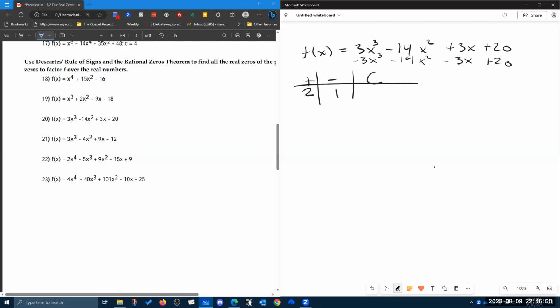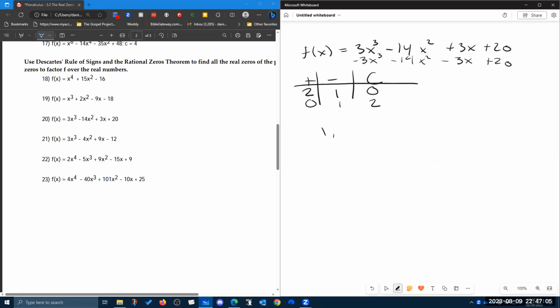One sign change. 0 or 2, 1. So I'm guaranteed a negative, but I'm not guaranteed a positive. So I'm not going to start with the positives. I'm going to start with the negatives here.